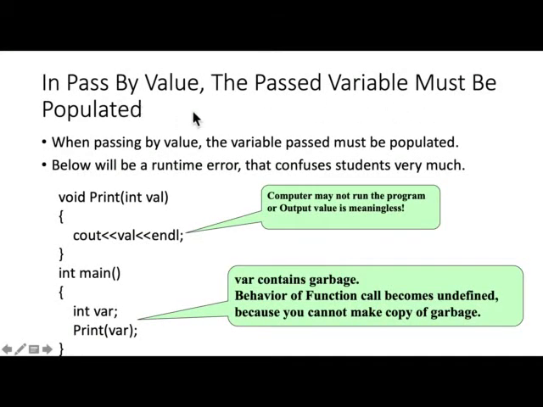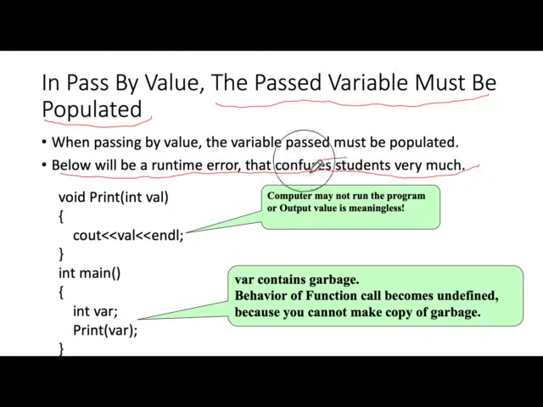In pass by value, the passed variable must be populated. You can pass a constant, but if you're passing a variable, passed variable must be populated. Now below, if you try to do something like this, it's a runtime error. That confuses students very much because they don't understand that pass variable must be populated.